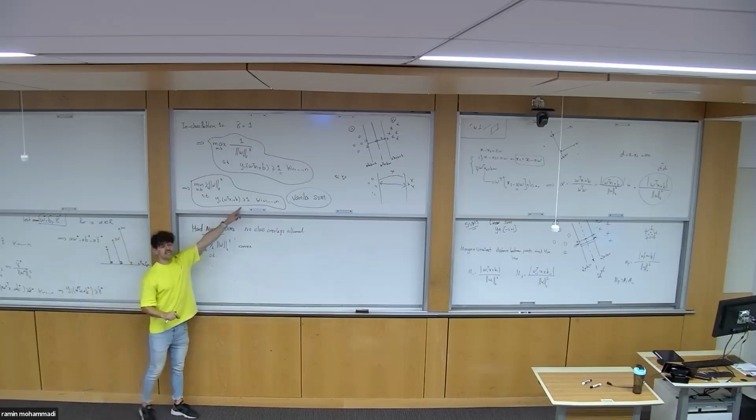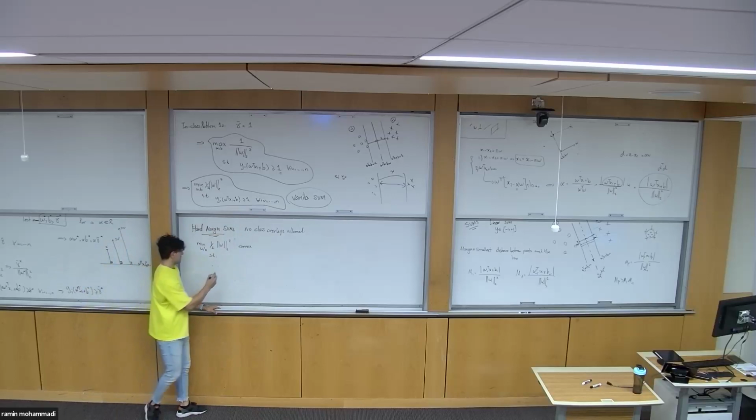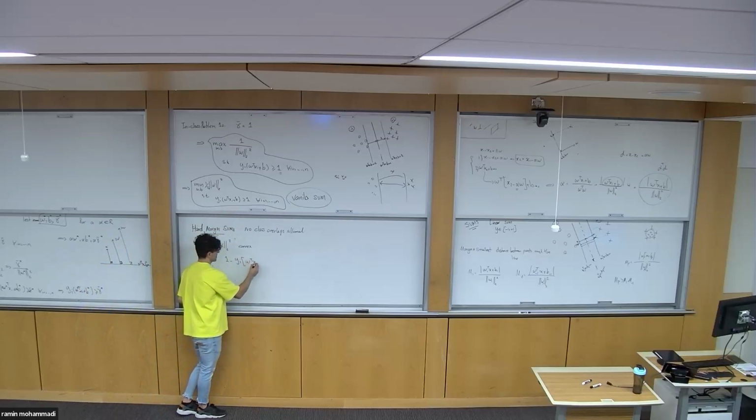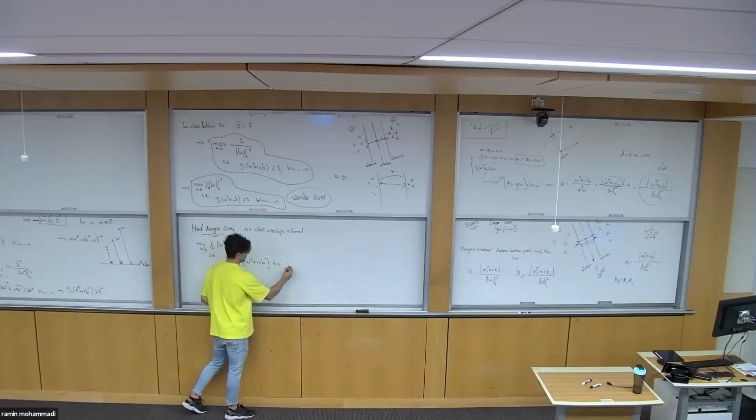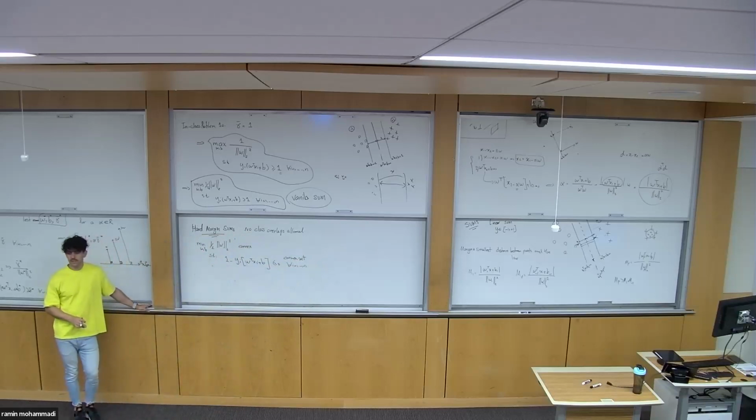But this one is greater than or equal to 1, so we need to convert it to less than or equal to 0. We rewrite this as 1 minus yi times (w transpose xi plus b) less than or equal to 0. And this is a convex set. Correct?